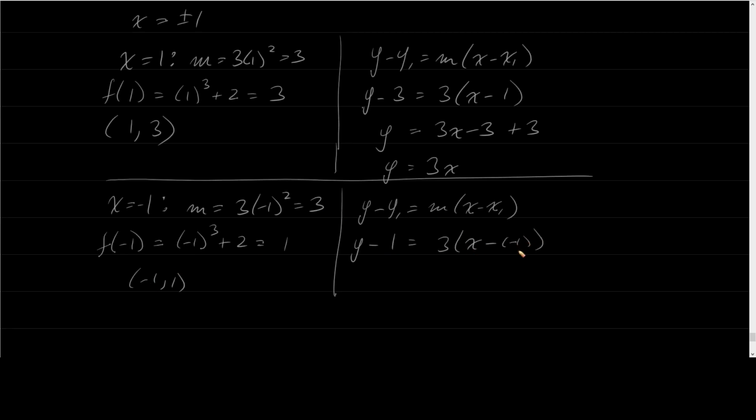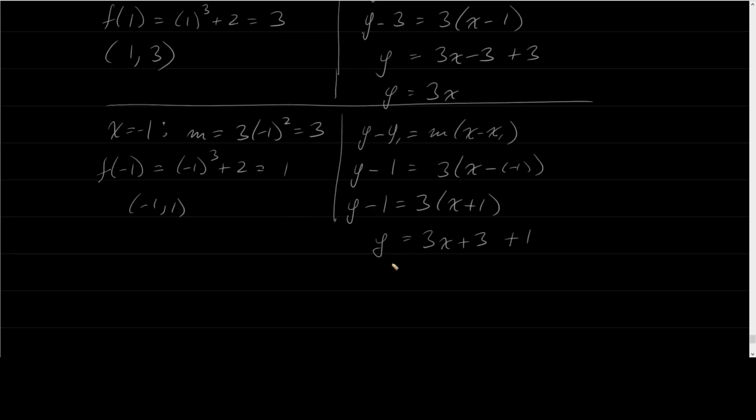So let's rewrite that: y minus 1 is equal to 3 times x plus 1, since minus a negative is just plus. If I distribute that 3, I end up with 3x plus 3. If I add 1 to the other side, I end up with y equals 3x plus 3 plus 1. So it's y equals 3x plus 4.